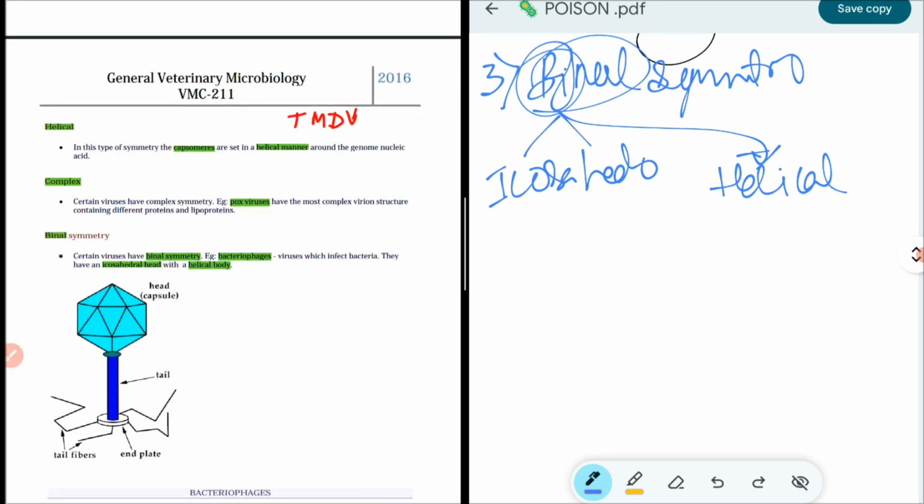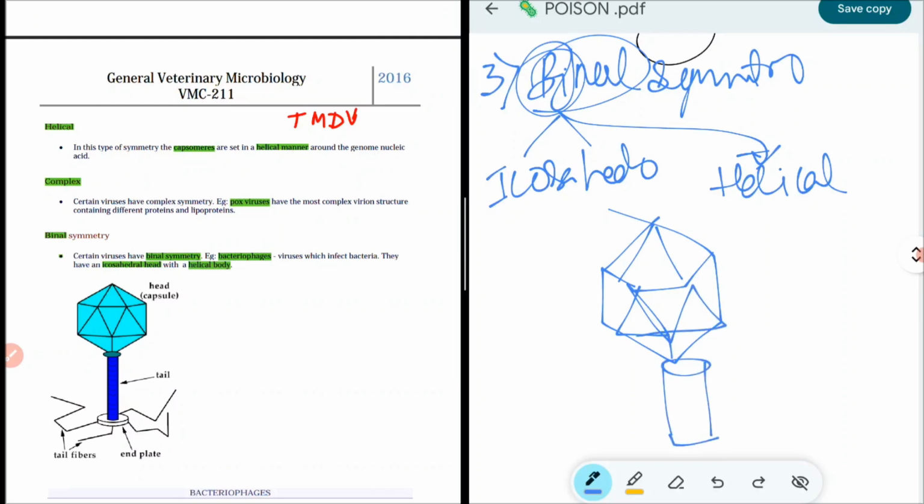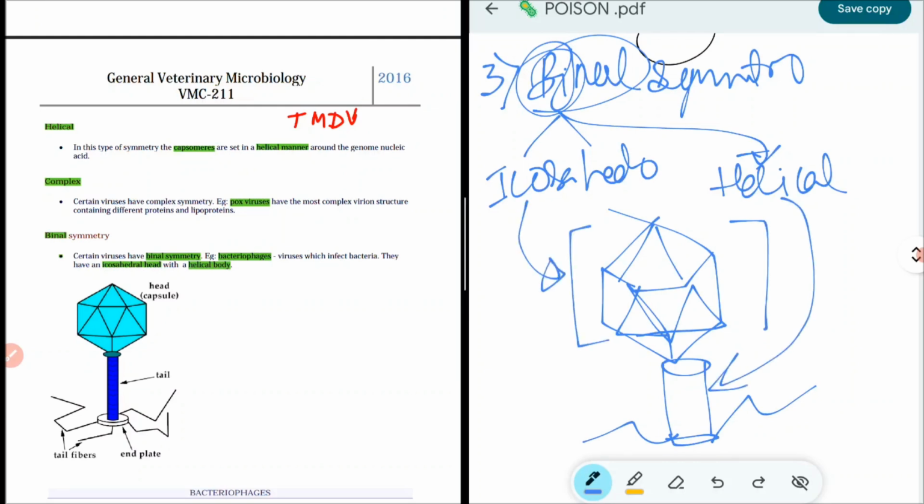So in bacteriophages, this structure represents the head and this remaining lower structure represents the body. So we already discussed it. This is icosahedral head and helical body. The remaining everything is similar as we discussed about the icosahedral and helical structure.